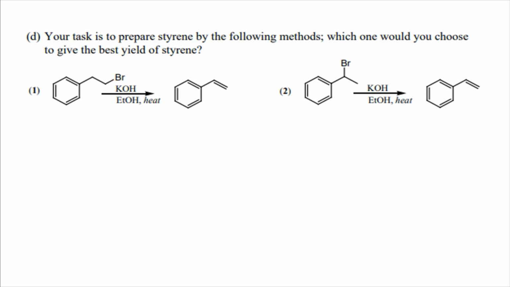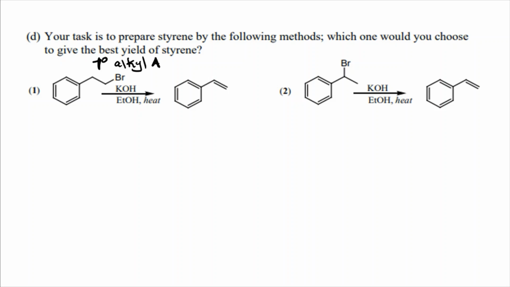Part D and the last part of the question says your task is to prepare styrene by the following methods. Which one would you choose to give the best yield of styrene? Okay. So now you see these materials are different at one point. This guy here is a primary alkyl halide.